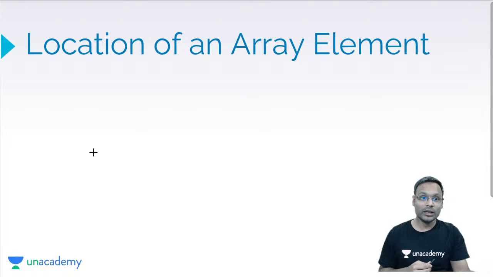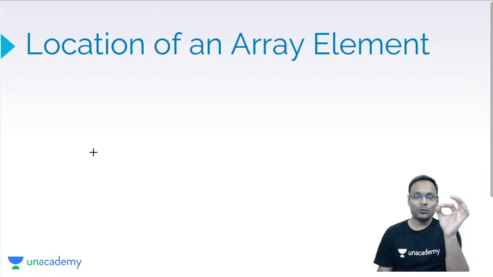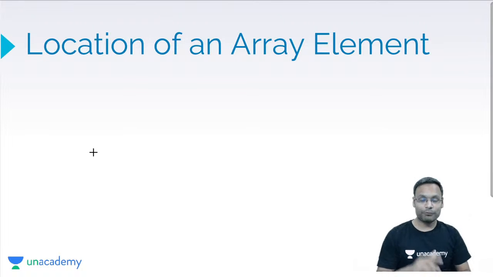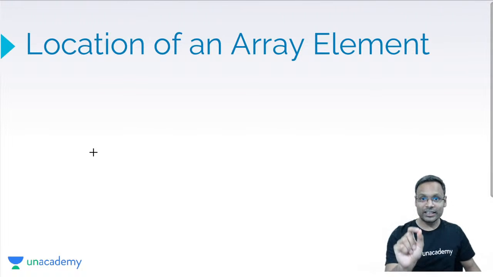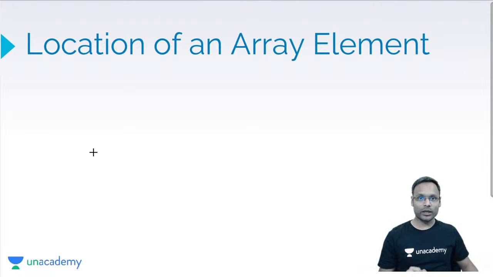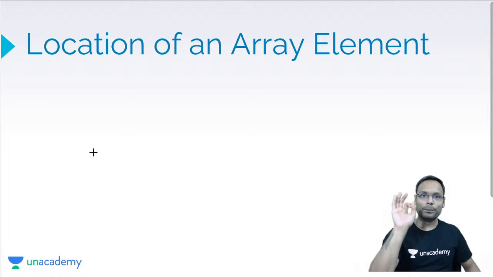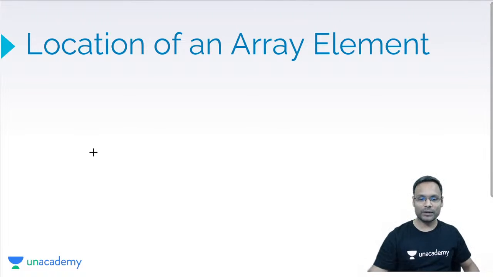Every kind of array you will always get the correct formula if you understand this concept which I am going to explain now. So listen carefully and understand exactly what I am going to tell you here. You are going to get a concept that lets you find the location of an array element in the best and easiest possible manner.